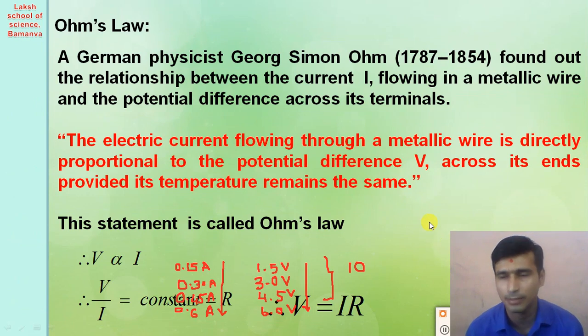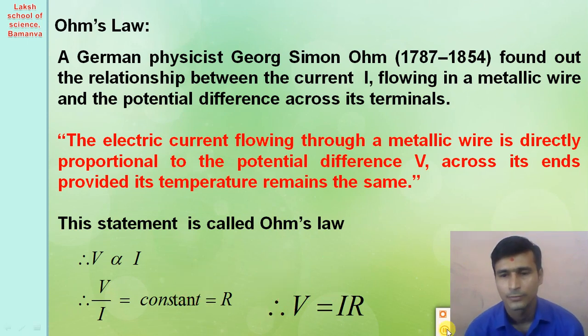So the German physicist Georg Simon Ohm found the relationship between the electric current flowing through the conductor and the potential difference across it. From the above activity, Ohm found that the electric current flowing through the conductor, or we can say the metallic wire, is directly proportional to the potential difference V across its ends, provided its temperature remains constant.